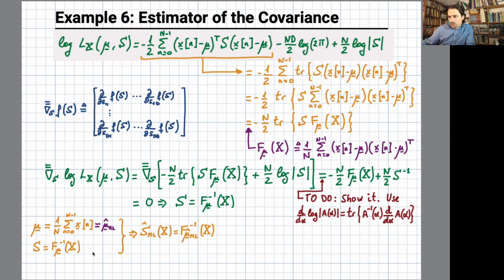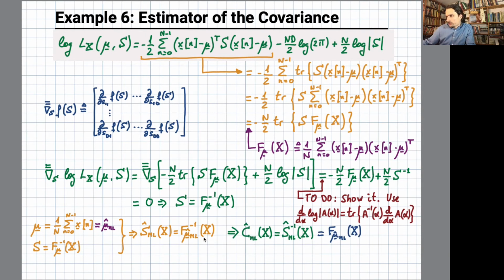And to obtain the value of S, we can just substitute it into the second equation, and this yields that the ML estimator of S is nothing but the inverse of F when mu is set to this ML estimator of mu, right?